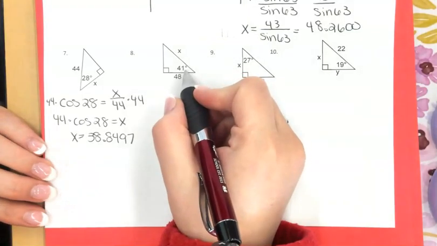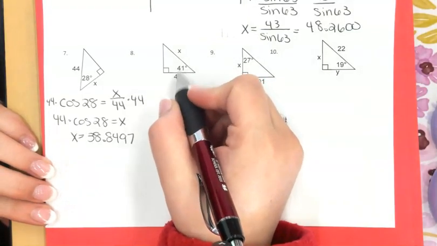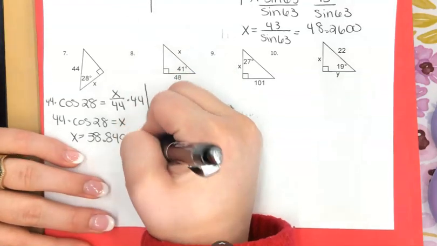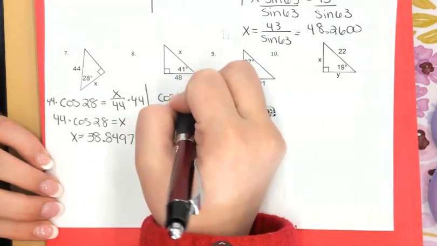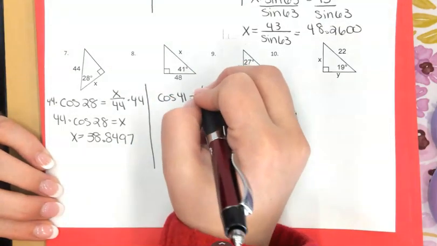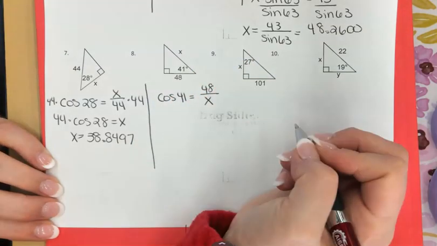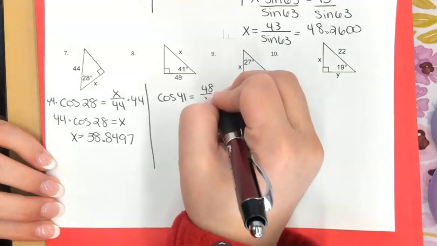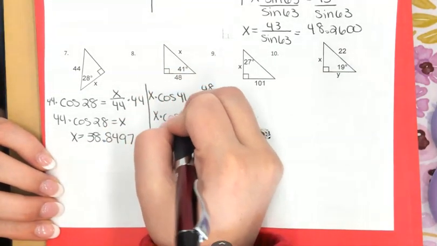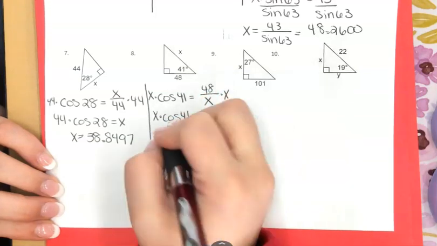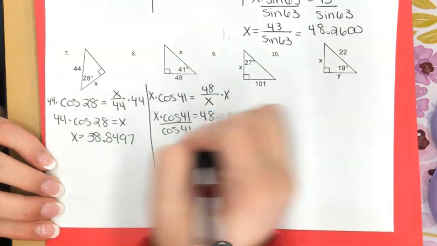My reference angle is 41. I'm given the adjacent and I'm looking for the hypotenuse. Again, if I'm working with adjacent and hypotenuse, that tells me cosine is what I'm going to use here. So adjacent over hypotenuse for that one will be 48 over x. So first I got to get x out of the denominator. And then I can divide by cosine of 41.